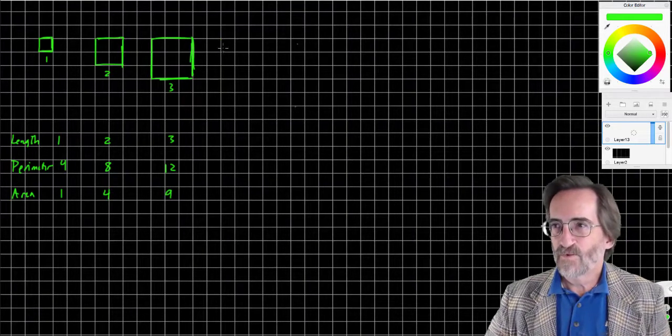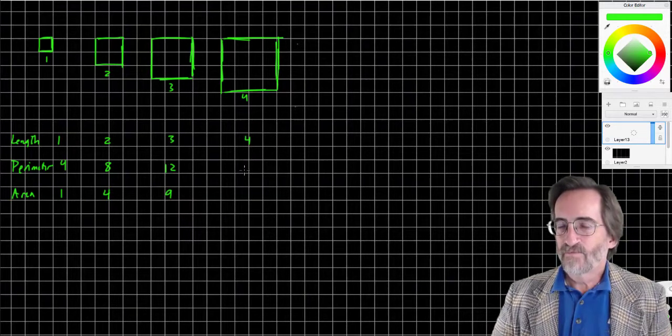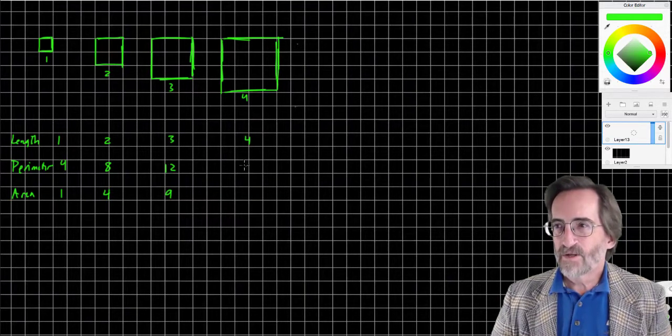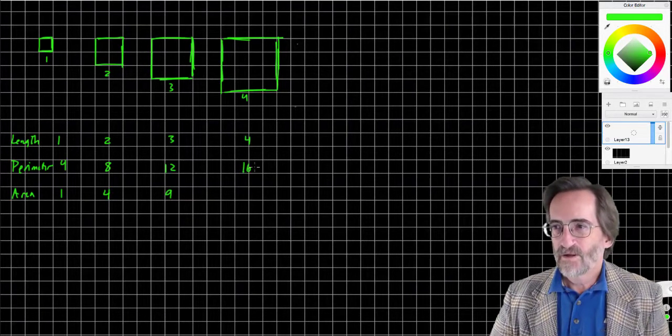Let's do one more. Let's do a 4 by 4 square. The side length is 4. The perimeter is 4 plus 4 plus 4 plus 4, 4, 8, 12, 16. The area is 4 times 4, or 16.